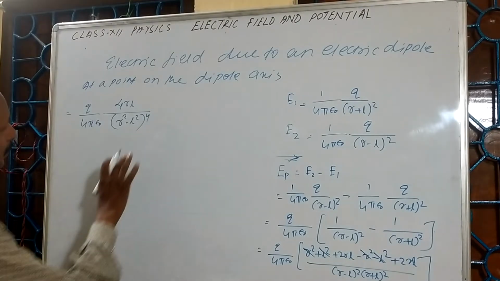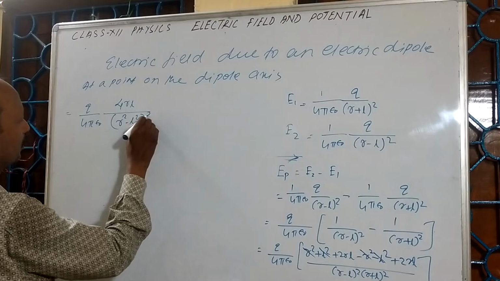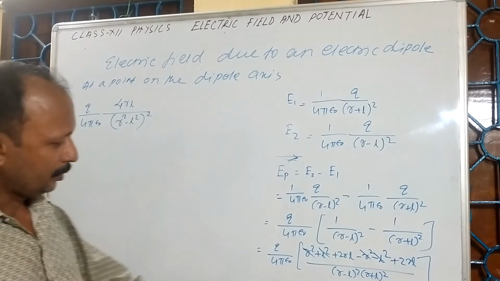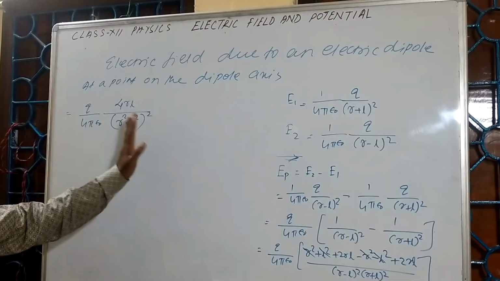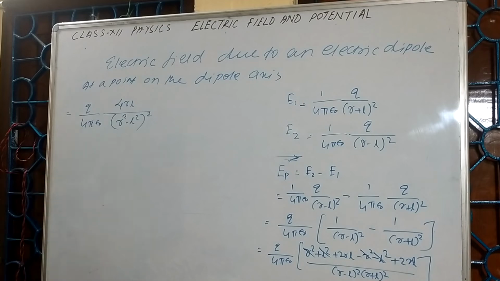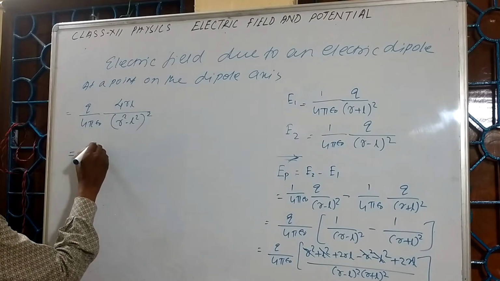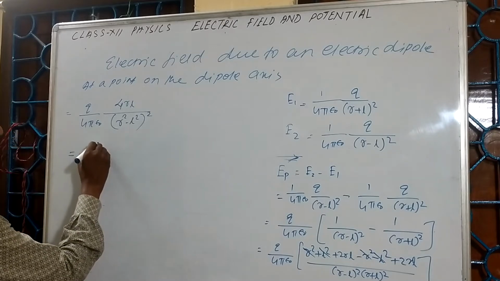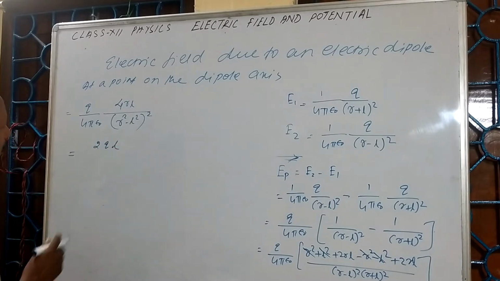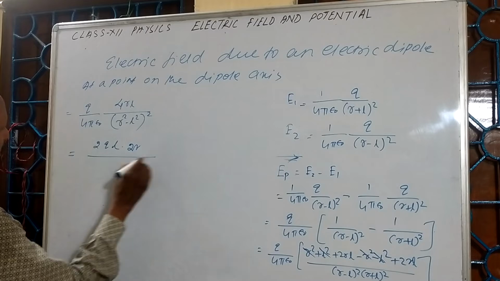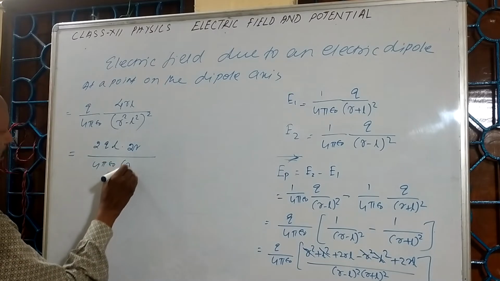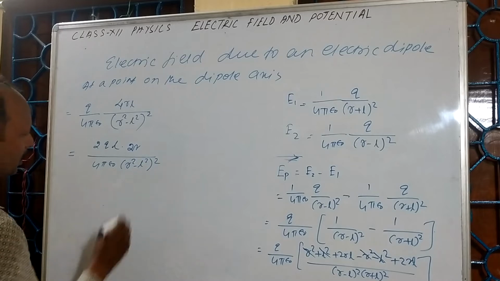So I can write that is r square minus L square, sorry, to the power 2. Okay, so a square b square, ab whole square. So r square minus L square whole square, that is 4rl. I can write this is 2QL into 2r divided by 4 pi epsilon naught r square minus L square square.